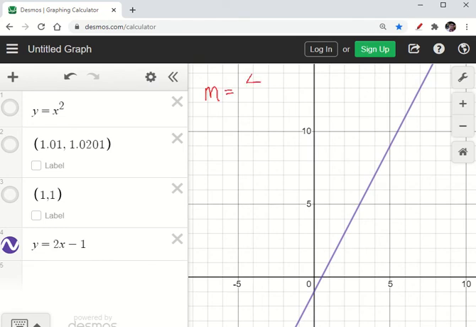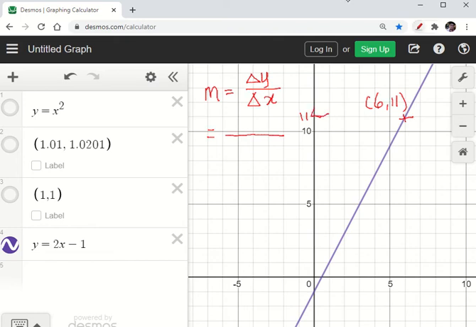The definition is the difference of y divided by the difference of x. To find these, usually we take 2 points. Let's say I'm taking this point, which is (6, 11).